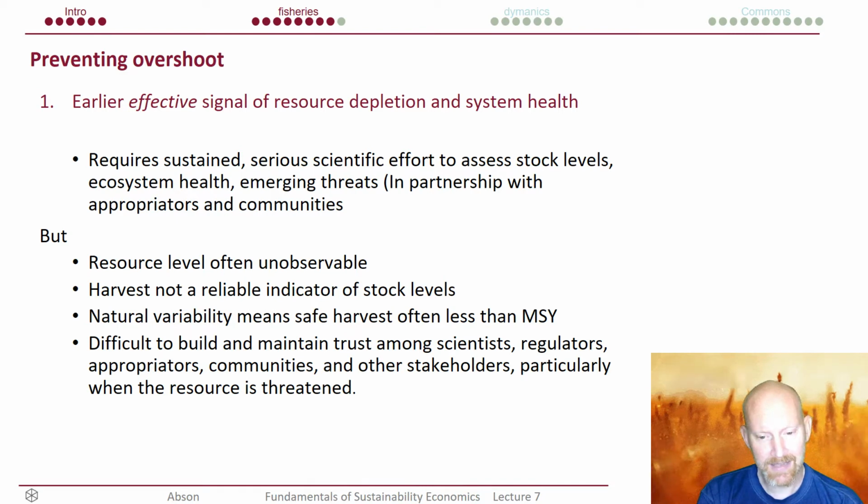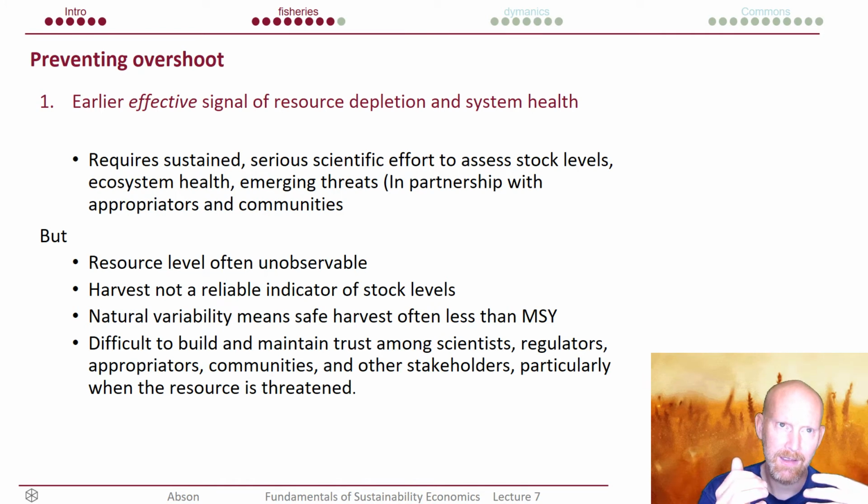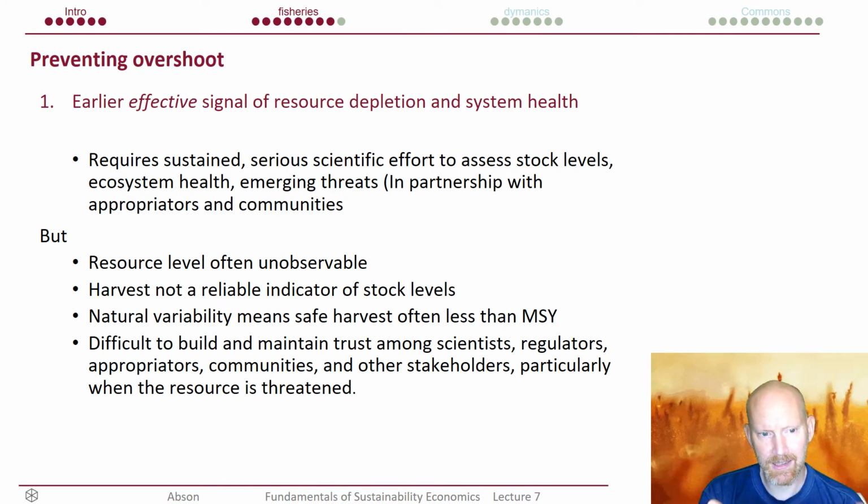That doesn't tell you whether you're taking a sustainable harvest of new net recruitment of fish or you're diminishing your fish stock. So you need independent, serious scientific effort to assess the stock levels, the ecosystem health and the emergent threats. And you have to do this in partnership with the resource appropriators and the communities related to that.